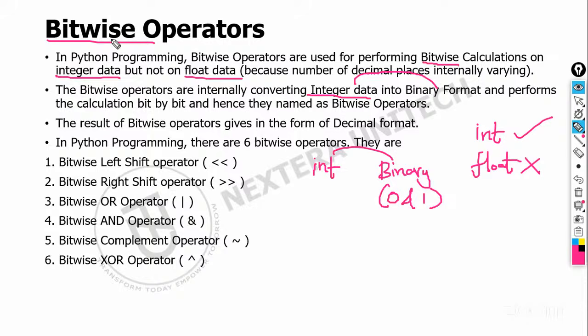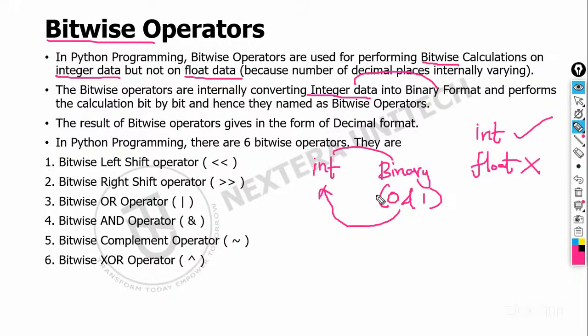That is the reason they are named as bitwise operators. Why are they named as bitwise operators? Because they perform bitwise calculation, and as part of the output, this binary format is converted back to decimal format, the int type data, and it gives the output, right?